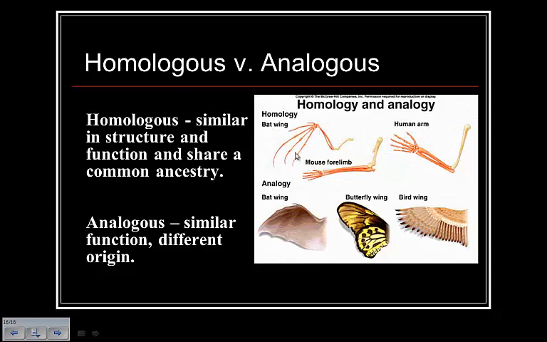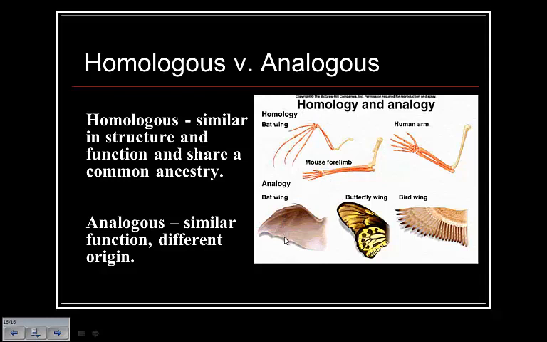Similar in structure, so they have very similar structures where you have metatarsals, you have fingers, and an arm bone, in a crude sense, I should say. And they share a similar function too. The arm and the wing are for movement, and the same thing for the human arm and the mouse.